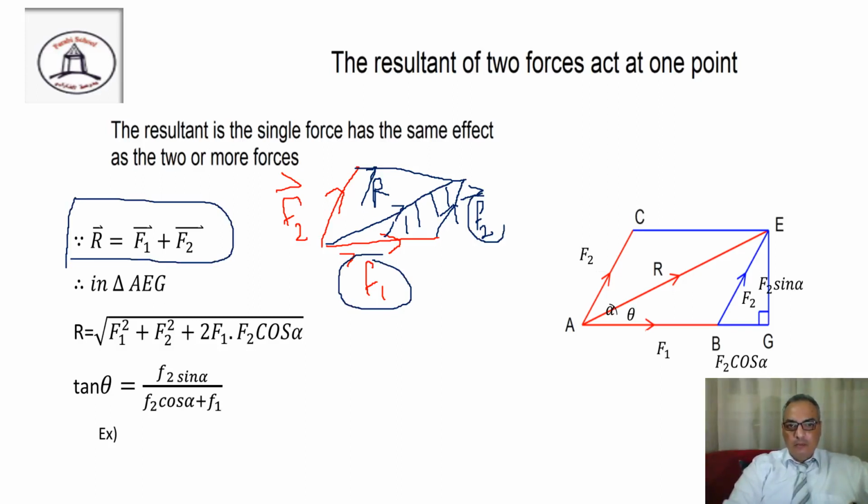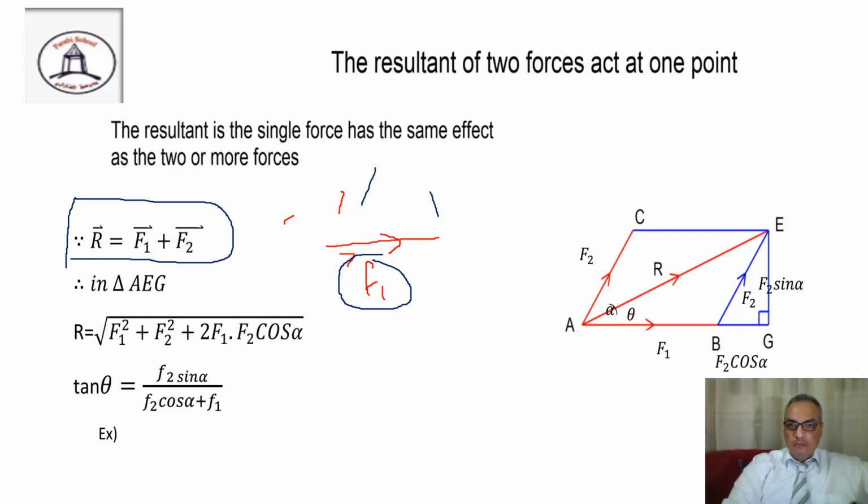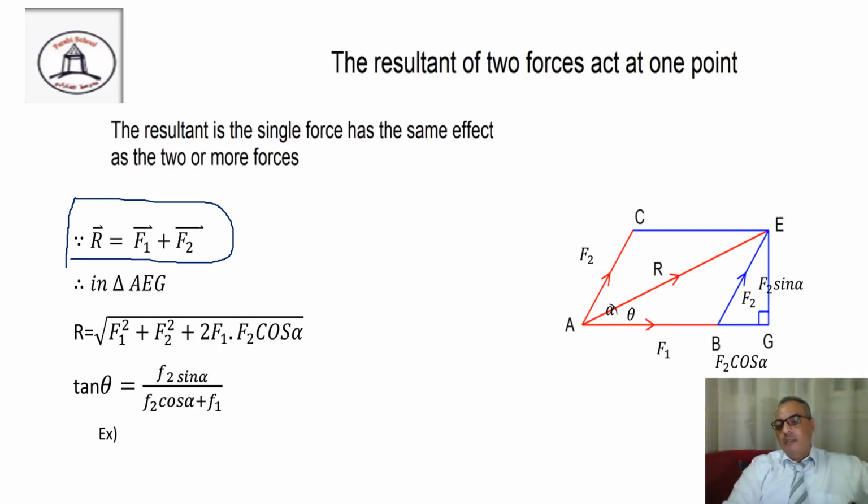Now try to deduce the magnitude of the resultant. In the opposite figure, A, B, E, C is a parallelogram. F1 acts along side AB, F2 acts along side AC, and AE, R, is the resultant acting along this side.